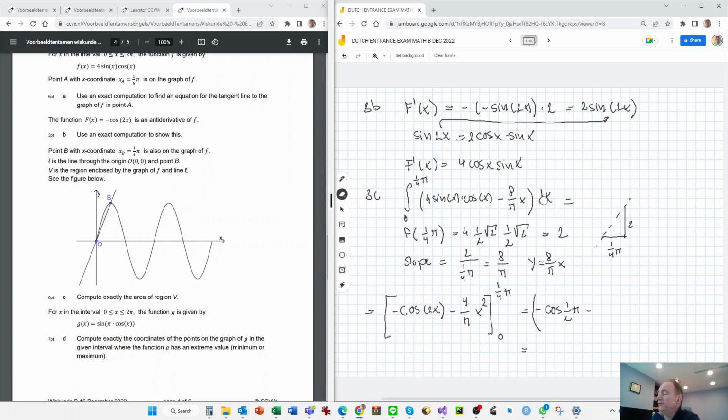But if you have sufficient time in the 3 hours, you just have to go line by line through everything. Okay, so I get 4 over pi times a quarter pi squared here.